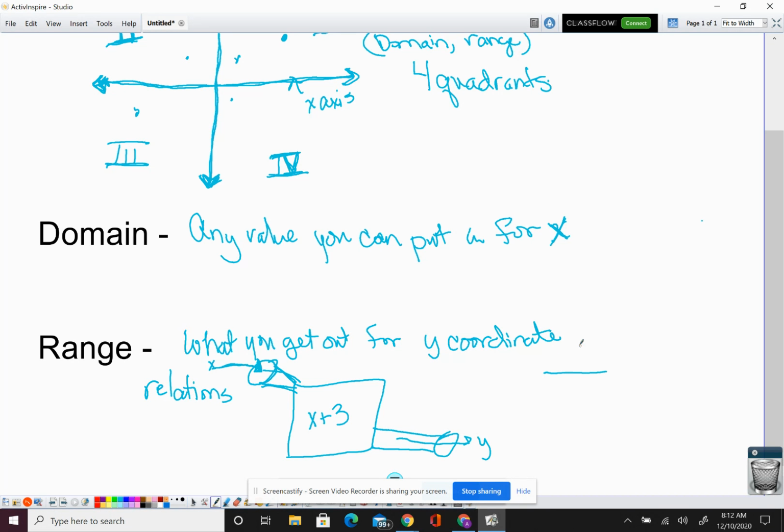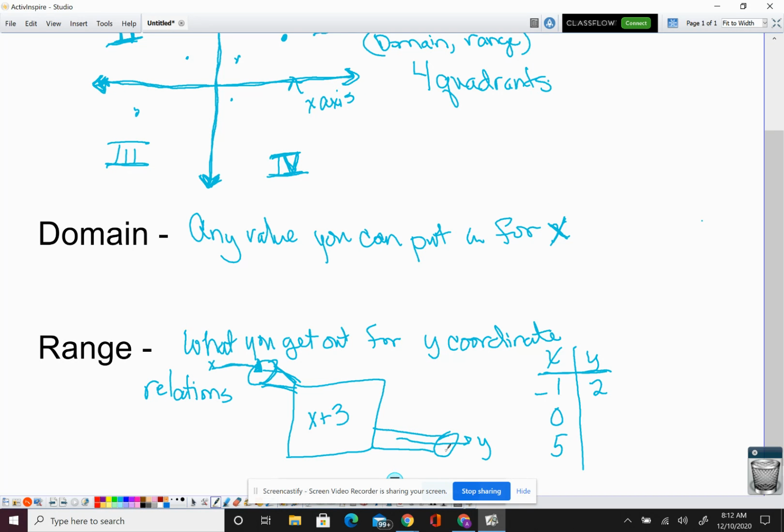So I can make a table for this machine. I can pick any numbers that I want for x. I can put those individual numbers into this machine. I can add 3 on to the x that I put in, and when I put -1 in there and add 3 on, I get 2.